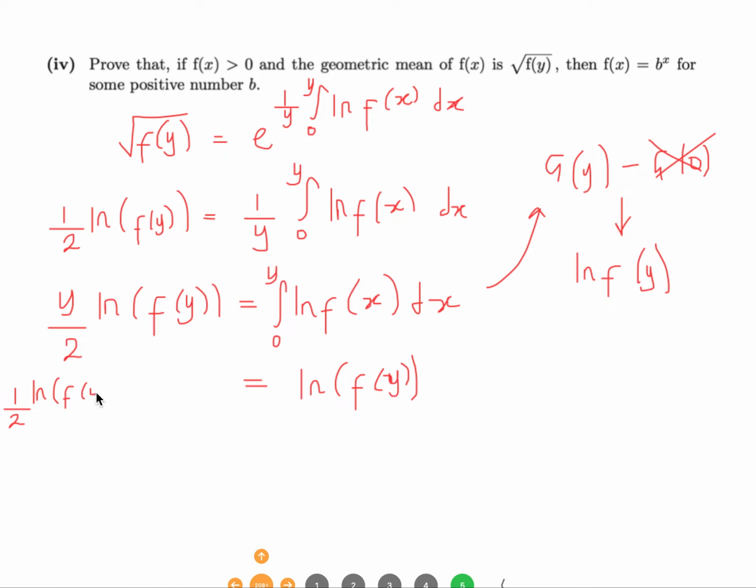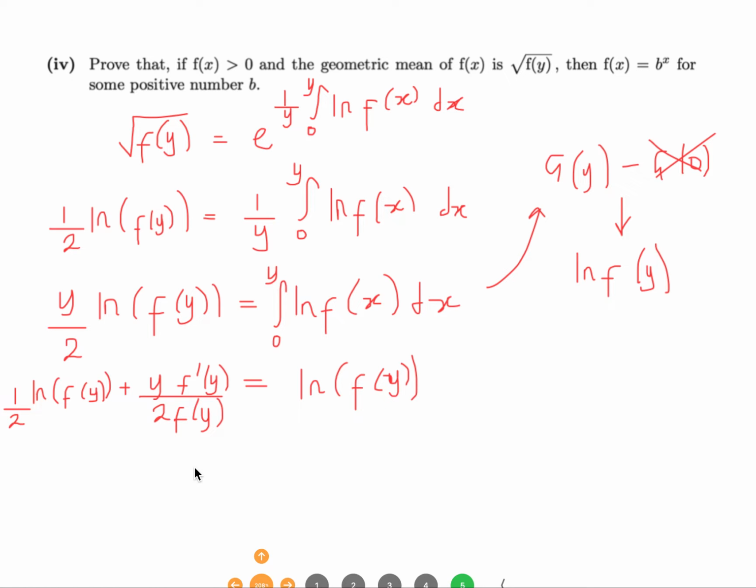So I've done the easy one first, and then plus, well, y over 2 is going to stay, but differentiating ln of f of y, it's just going to be f of y on the bottom and f dash of y on the numerator. So you should really be getting the idea that this is going to end up being a differential equation at this point.